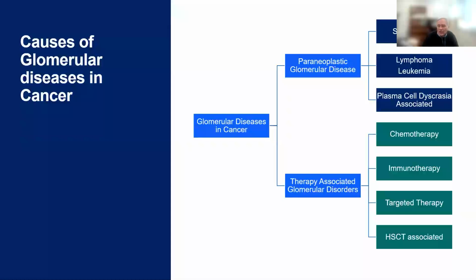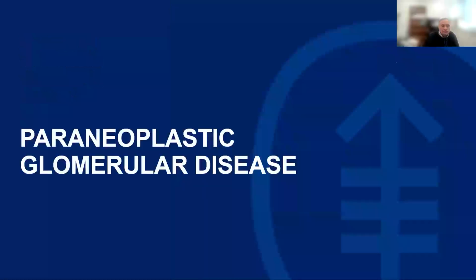The patient comes already with a cancer, and then they realize that there are some kidney issues, in particular, for example, proteinuria. So I'm going to touch on these two main categories, paraneoplastic glomerular diseases, as well as therapy-associated glomerular diseases, which is probably a big chunk of our practice, and probably in terms of numbers, higher compared to paraneoplastic, at least at our center.